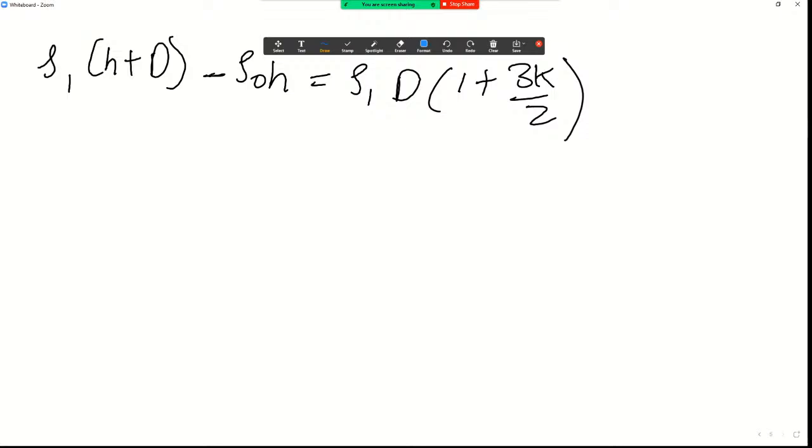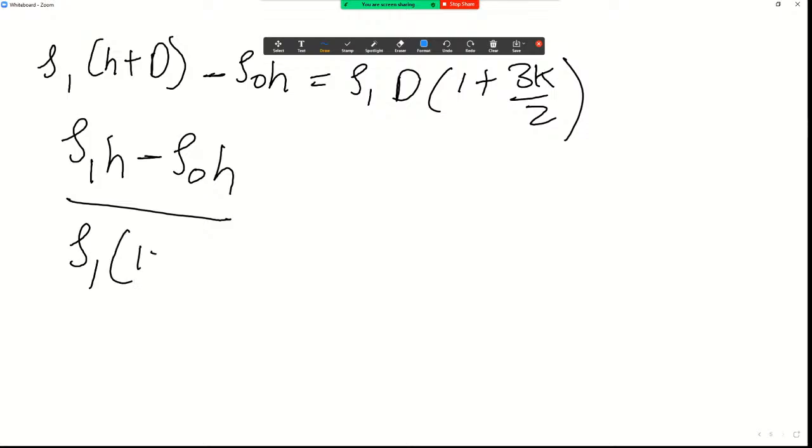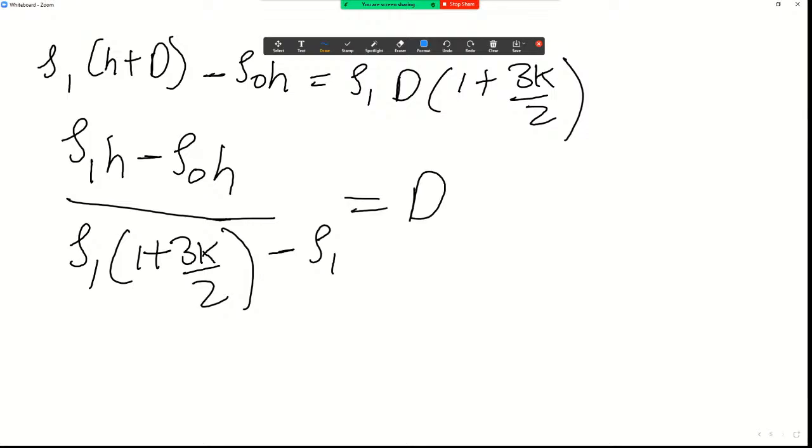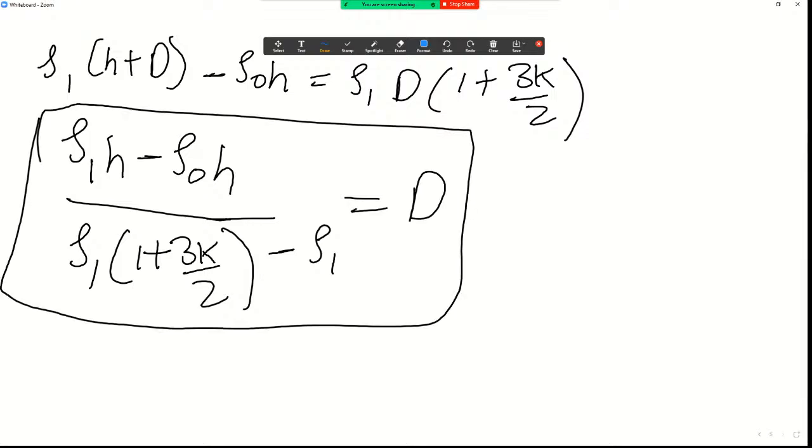So we can bring it here: (rho 1 h minus rho naught h) by (rho 1 into (1 plus 3k by 2) minus rho 1) equals d. I guess this should be the answer for the second part. Yeah, I think that's correct.